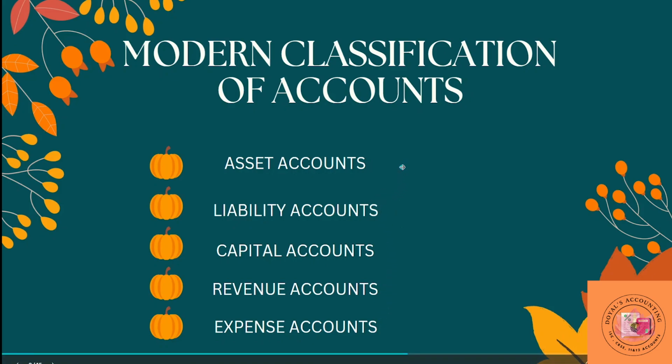Asset accounts refer to all the accounts of assets like land, building, plant, machinery, furniture, patents, inventory, etc. And liability, like the name suggests, refers to all the liability accounts like creditors, lenders, bank loans, creditors for expenses, etc. And capital accounts, as the name suggests, refer to the account of the partners or the proprietors who have invested money in the company.